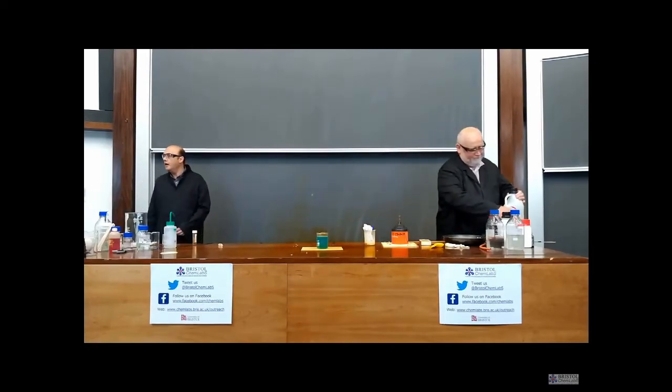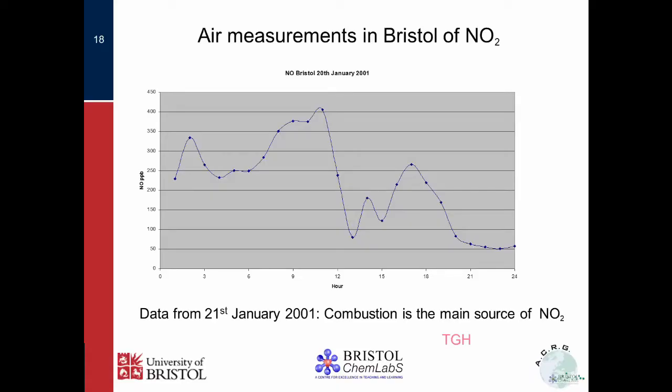Thank you, Tim. Well, you'll see from the figure that this is some data from Bristol, could have been anywhere in the world actually, any major city. We're looking at a weekday, happens to be 21st of January 2001, but we could have looked at more recent data. And you'll see the level of NO2 varying during the course of the day. And there's two features I want to alert you to.